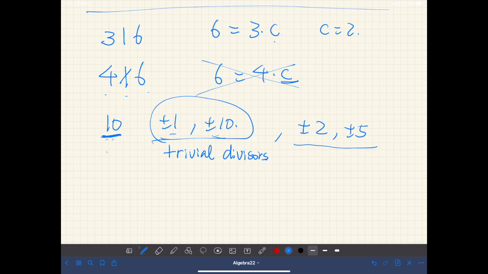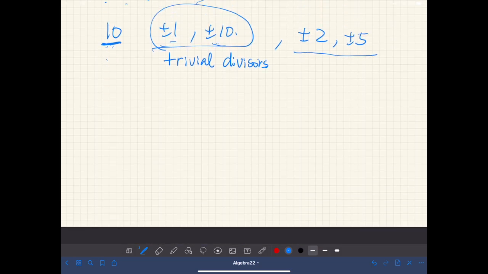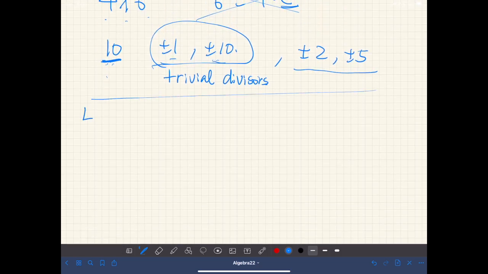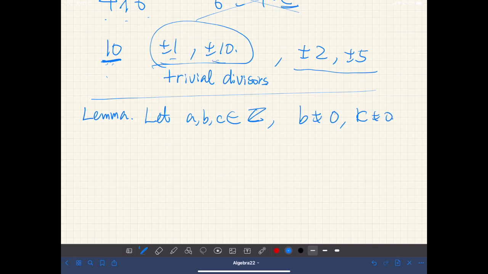Let's prove a simple lemma. Let a, b, c be integers, and b is non-zero and c is non-zero.